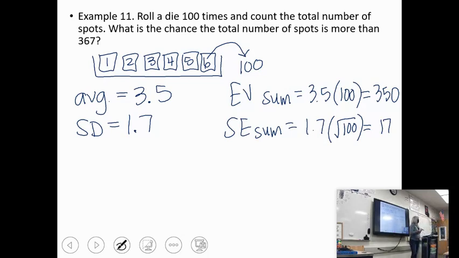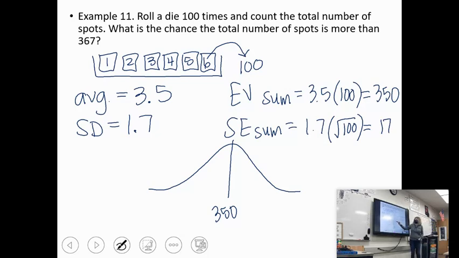So I'm going to draw the normal curve and label what we're talking about. So if you have room somewhere, this should help you. If we keep rolling the die, we expect the average to be 350, the total number of spots if we add up after 100 times, right?